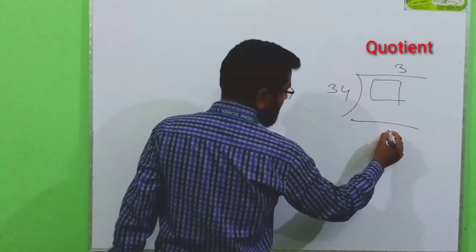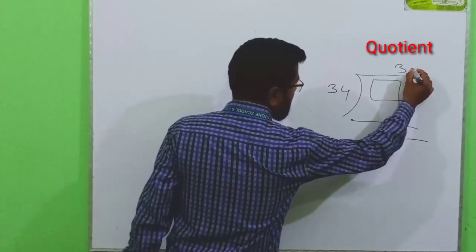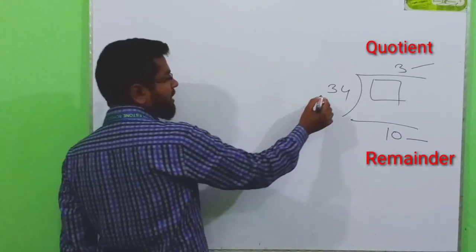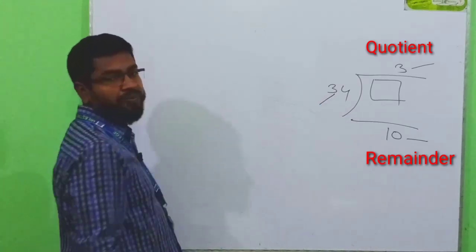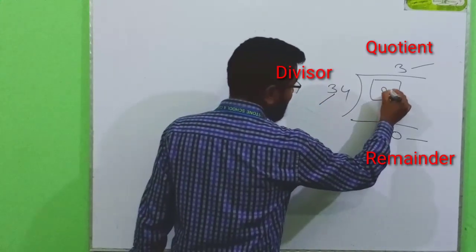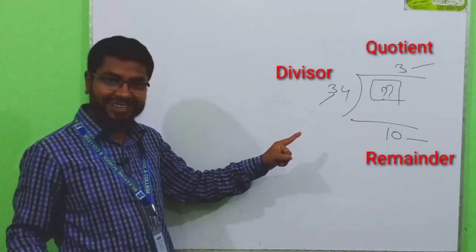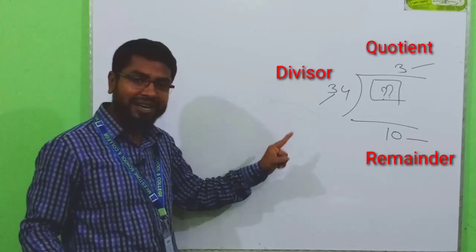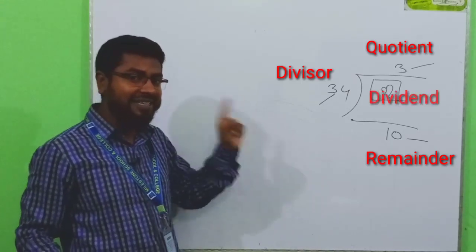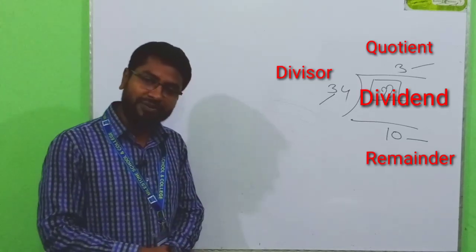Remainder is 10. So this is the remainder, this is the quotient and this is the divisor. We have to find out this certain number. What is this number? This is the dividend. You are right. This dividend we have to find out.